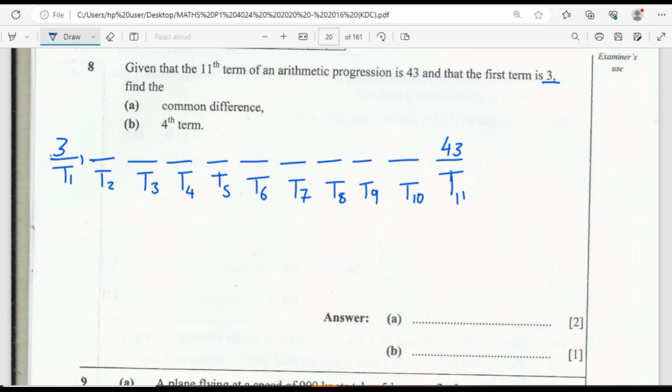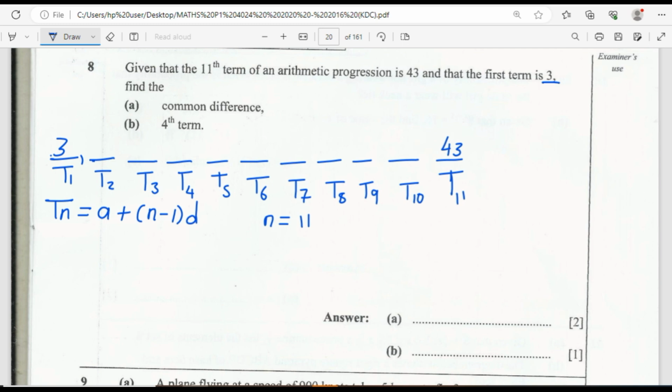So we can now use the formula. The formula is Tn is equal to A plus n minus 1 times d. So n for this one will be equal to 11 because we have 11 terms total.